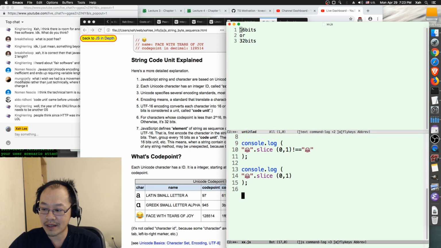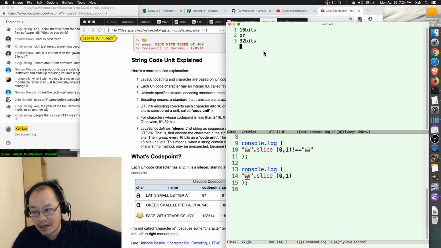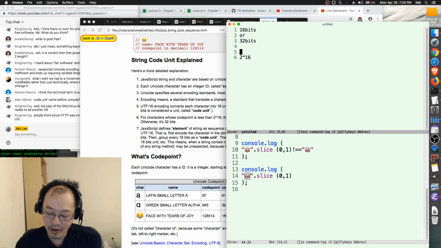When is a character encoded into 16 bits and when is it going to be 32 bits? This is how. When a character's code point is less than 2 raised to 16, then its encoding in UTF-16 is 16 bits.